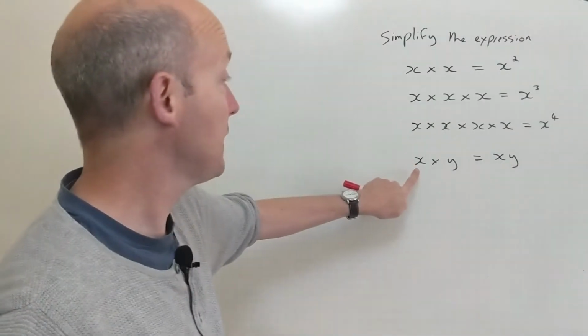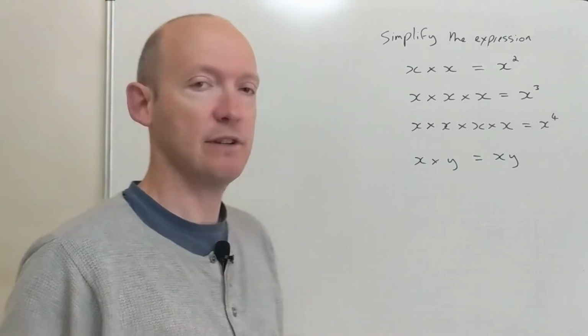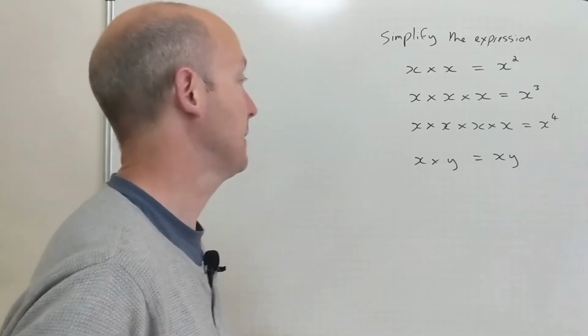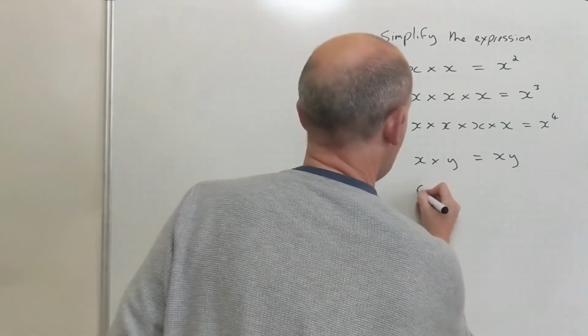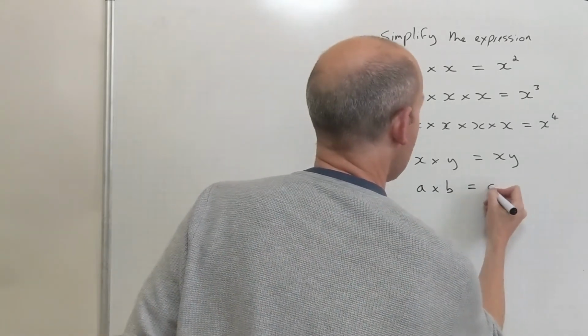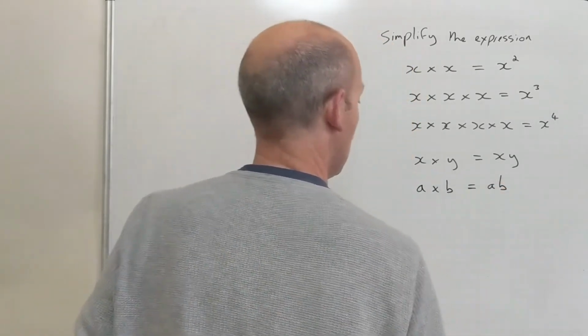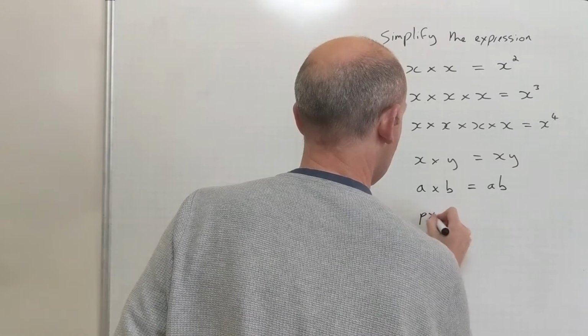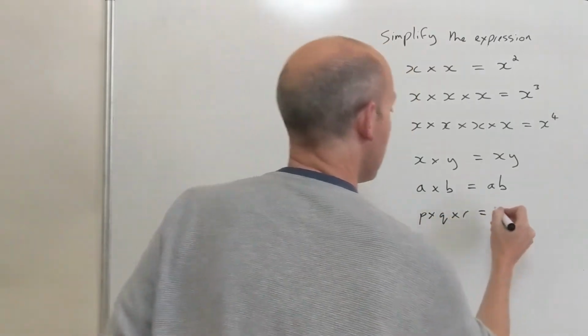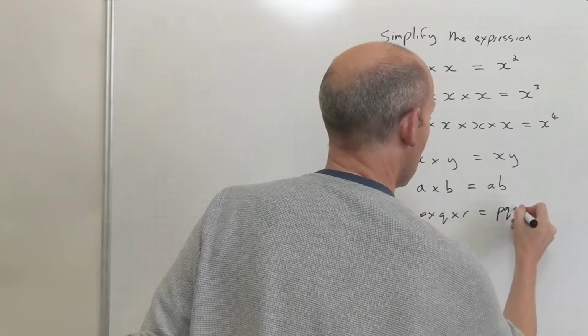So when you've got 2 things being multiplied, if they're different unknowns, different letters if you like, just stick them next to each other without the times sign. So a times b would be ab, or p times q times r would be pqr. Just stick them together.